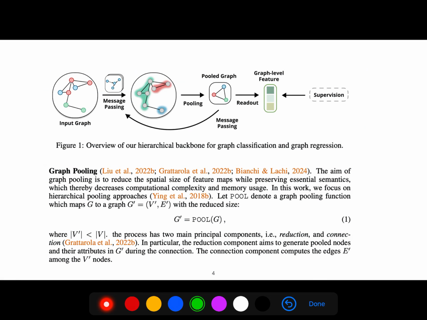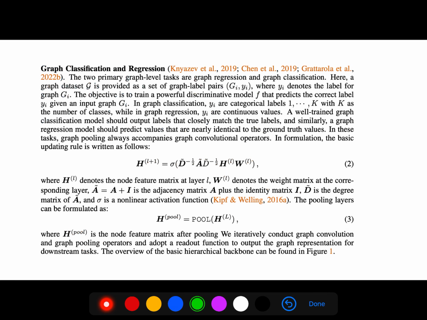You see an overview of the hierarchical backbone for graph classification and regression. So this pool denotes a graph pooling function which maps G to a graph, but probably with fewer vertices in the pooled graph.